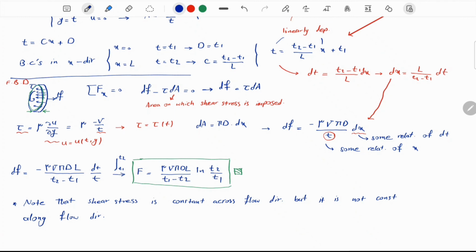That is, tau is not a function of y, but tau is a function of x or t.